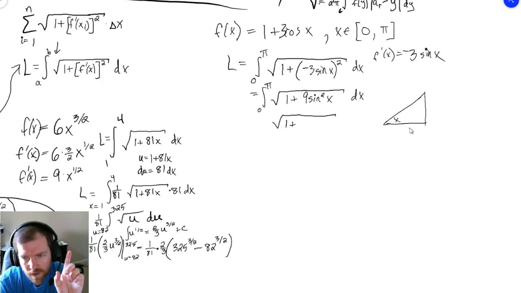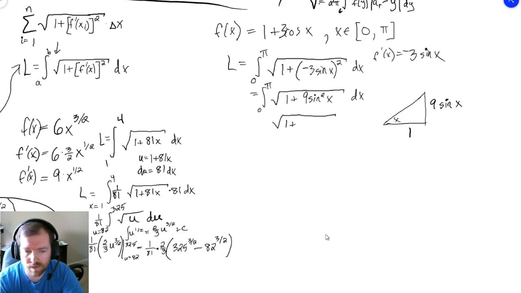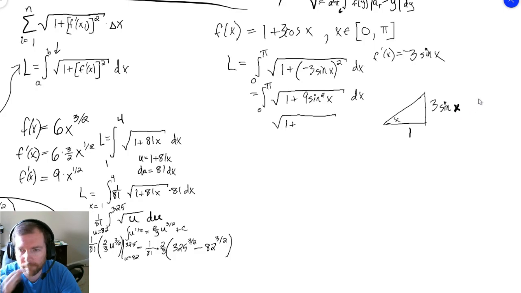Okay, if this is 1, and this is 3 sine of x, because again, this is squared. And this is the square root of 1 plus 9 sine squared x.